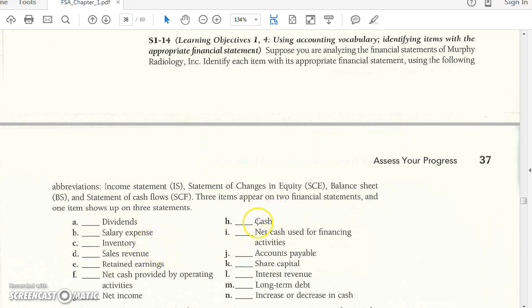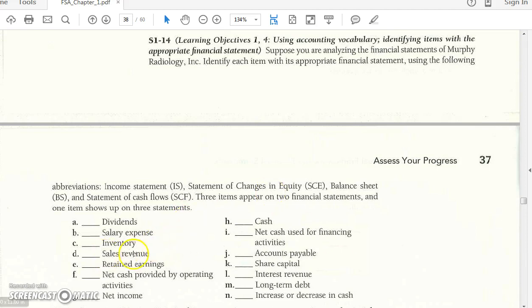Well, cash. To list in the balance sheet, you go in order of liquidity, and cash is easiest to convert into cash because it's cash. So you've got cash, inventory. Anything else here that is an asset? No, I don't see any others right now.